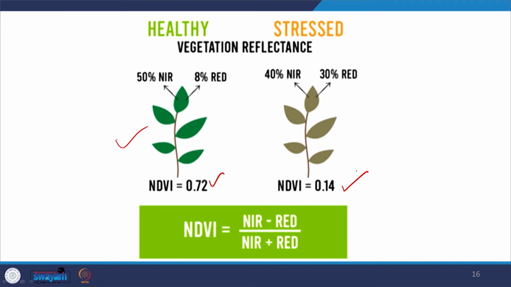This is quite a low value. So once we have this kind of a change, we can correlate this with the healthy vegetation and the vegetation which is damaged due to stress or other parameters, and probably focus on those areas and take proper precautionary measures.